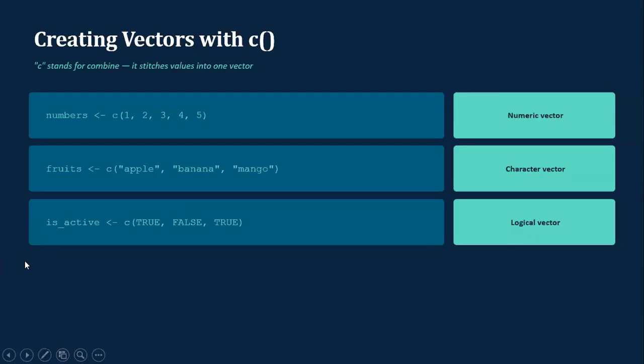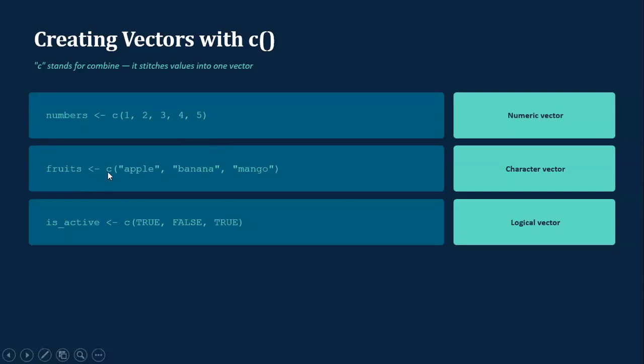The function that builds a vector is c followed by brackets. Think of it as combine. Let's create three different ones. First one, a numeric vector: numbers <- c(1, 2, 3, 4, 5).